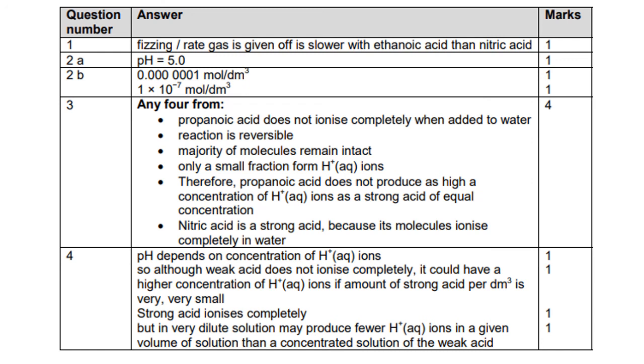For question 3, we had propanoic acid, a carboxylic acid, which is weak, and nitric acid, which is strong. So what is the difference between weak and strong acids is what you're describing. The idea is that because propanoic acid is weak, not every molecule will fully ionize, so only some molecules ionize and release hydrogen ions.